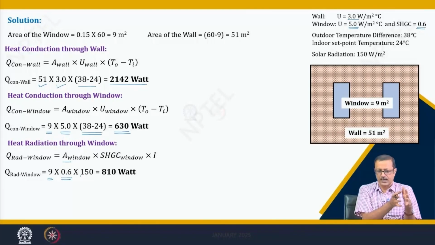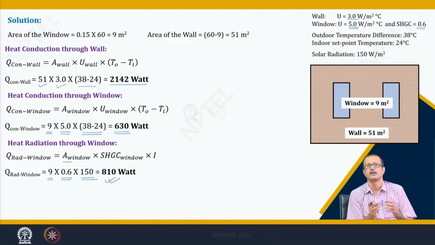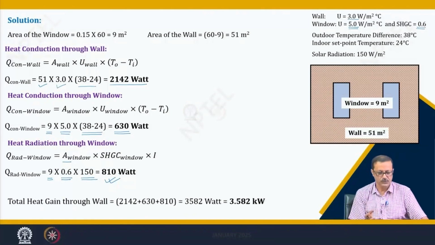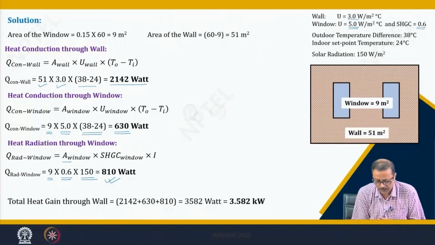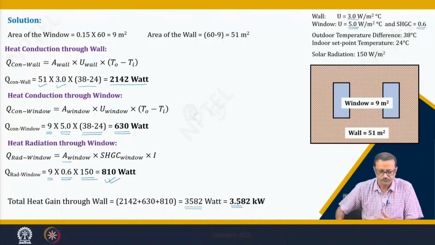So, here I have taken another nature given parameter, which is the solar radiation, that is 150, and this is 810 watt. So, now I have to add it up. If I add it up, I get the value as 3582 watt. So, it is 3.5, almost 3.6 kilowatt in total.